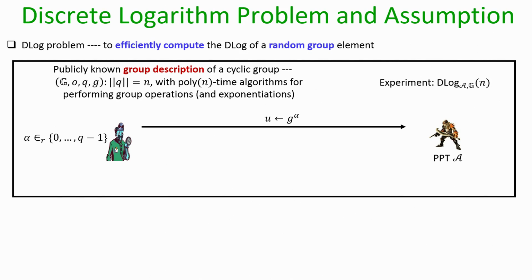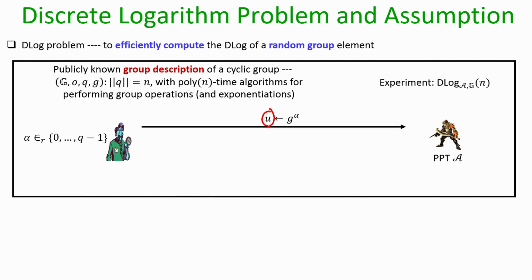Before I proceed, I would like to stress that I am formulating this whole discrete log experiment assuming a multiplicative group representation, but you can imagine that a corresponding experiment also exists for a cyclic group where the underlying operation is additive. Since the index alpha is randomly chosen from the set 0 to q minus 1, that automatically means that the element u, which is thrown as a challenge to the adversary, is also a random group element.